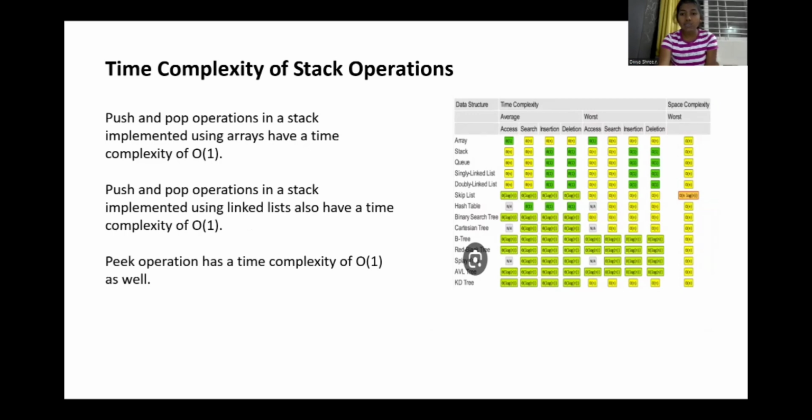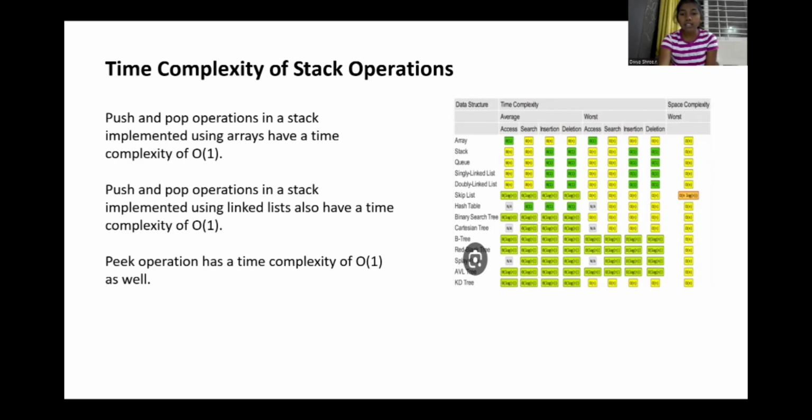We have average and worst cases for access, search, insertion and deletion. When we come to array, it is O(1). When we come to stack, it's O(n). When we come to queue, it's O(n). Singly linked list, O(n). Doubly linked list means O(n). Skip list means we have O(log n), and hash table n, a.